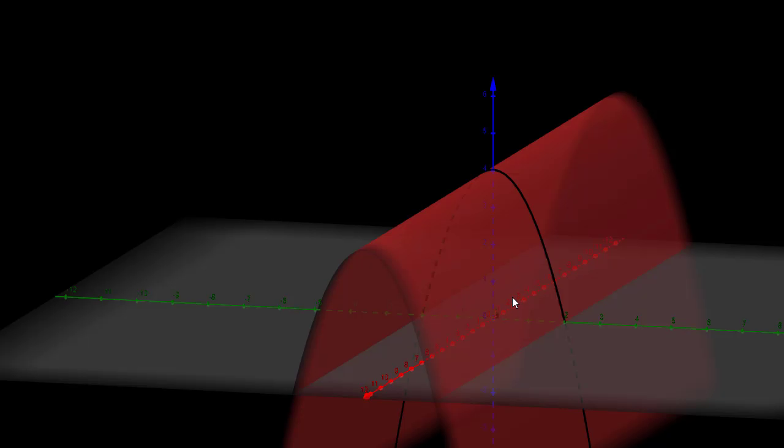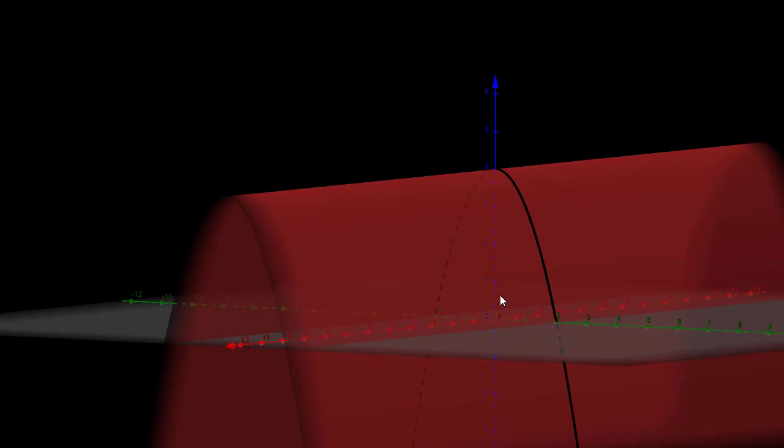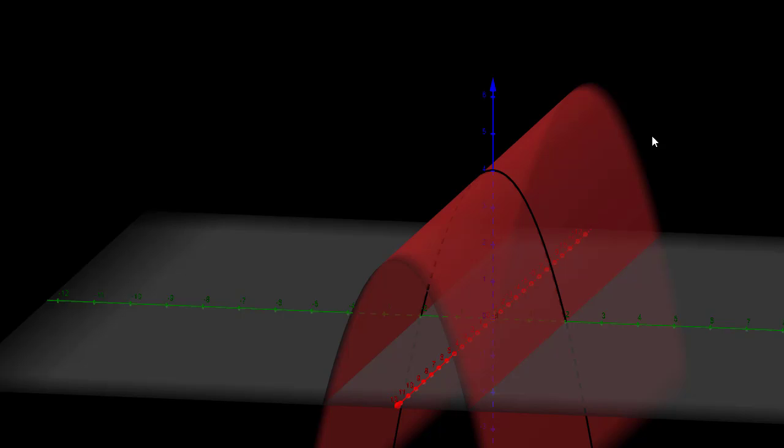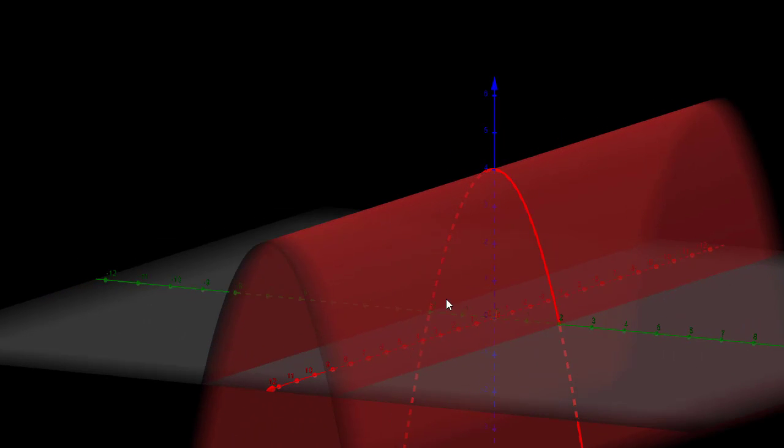To show that on an actual graphing software, here is that cylinder, z equals 4 minus y squared, and if we look at it on the yz axis, we see that it's just a parabola, and then we're basically extending it out along the x-axis.